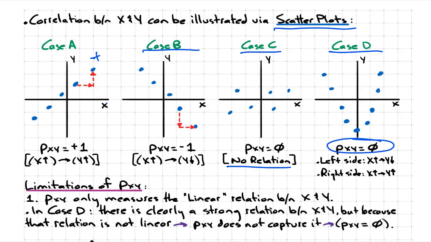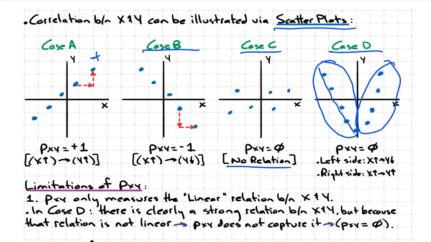However, if you take a closer look, on the left side of the scatter plot, you can see that the correlation is downward sloping, so it's negative. But then if you look at the right side of the scatter plot, you could see that the correlation is positive. It's just that when you combine the entire data set, the correlation seems to be zero.